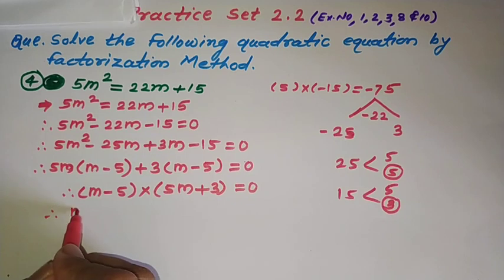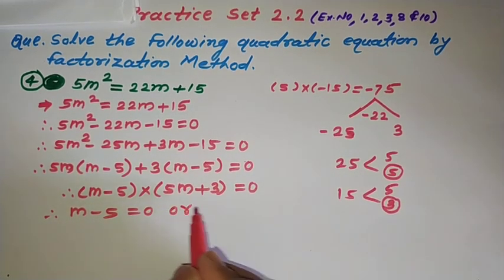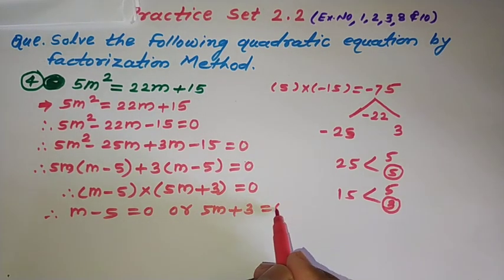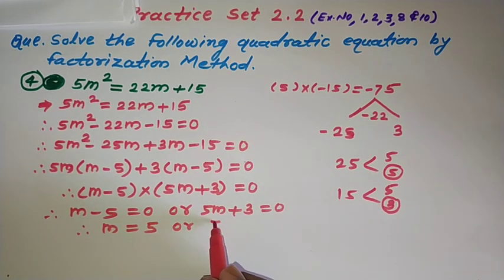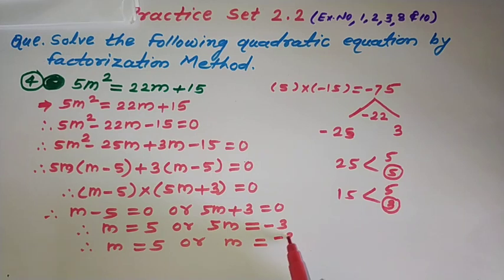Therefore, m minus 5 is equal to 0 or 5m plus 3 is equal to 0. m is equal to plus 5 or 5m is equal to minus 3. m is equal to 5 or m is equal to minus 3 upon 5.